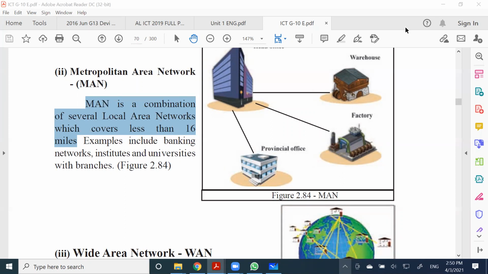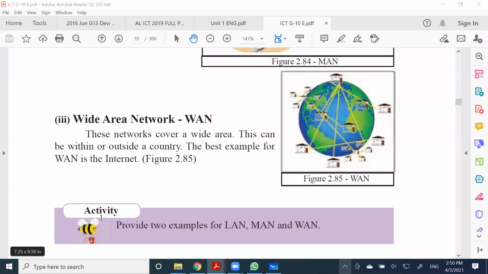Right. Okay. One is done. How about others? All right. Two are done. Okay. Seems done. All right. So the last one, wide area network, WAN. You have to write these three sentences under that wide area network.